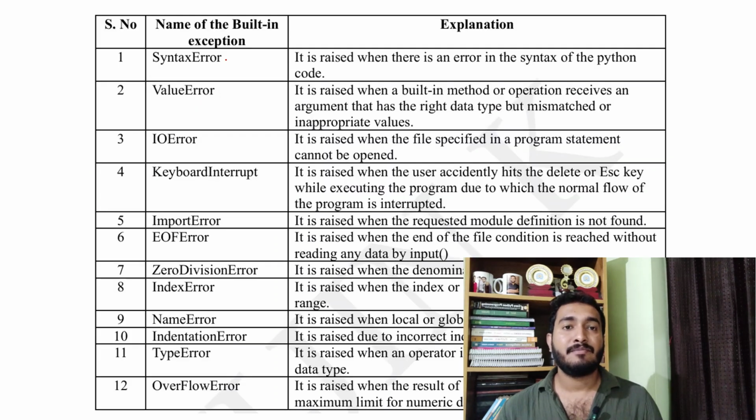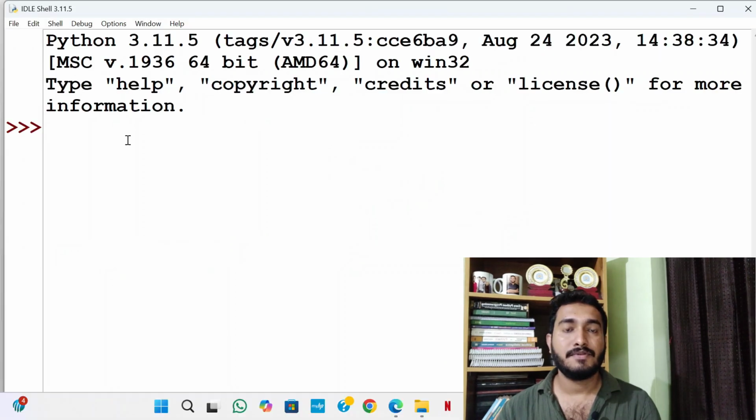So let us take some of the built-in exceptions and learn them one by one. The first built-in exception is syntax error. We already discussed syntax error in the last video, but we'll recall it once. The Python programming language has its own syntax, nothing but rules and regulations, which we have to follow when we write a program in Python.